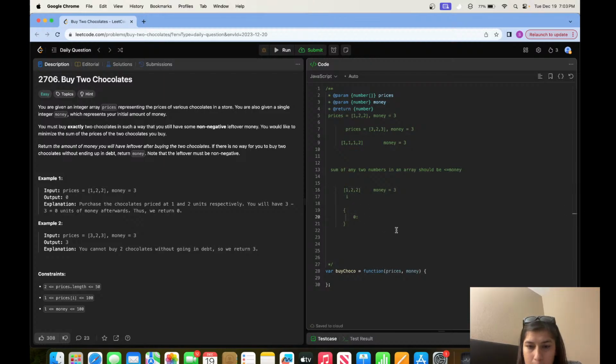So at this position the remaining value I need is 2, and at this position the remaining value I need is 1, and at this position also the remaining price I will have is 1, right?